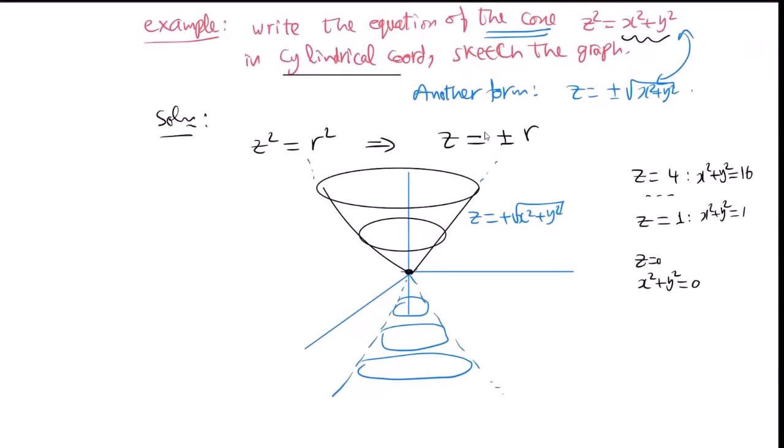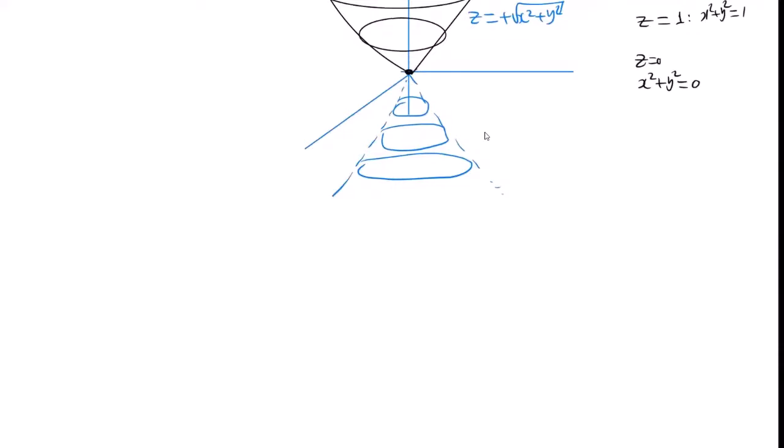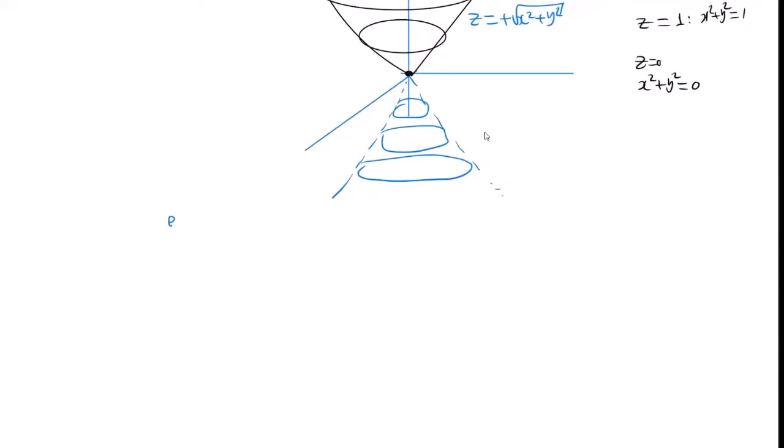To find the volume of this cone, from z equals 0 up to z equals h.